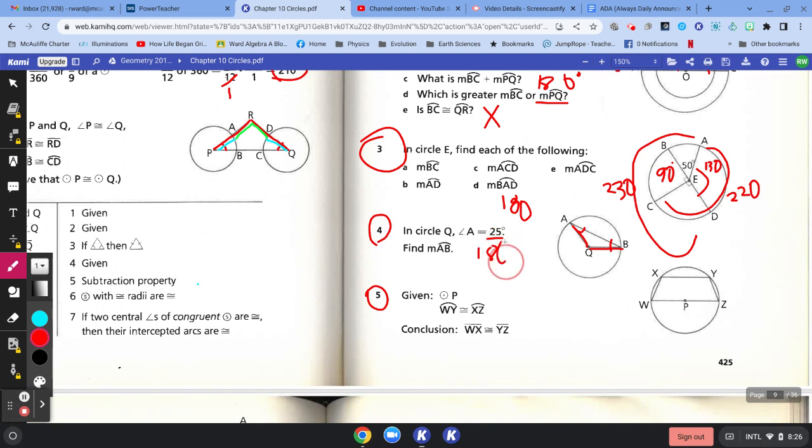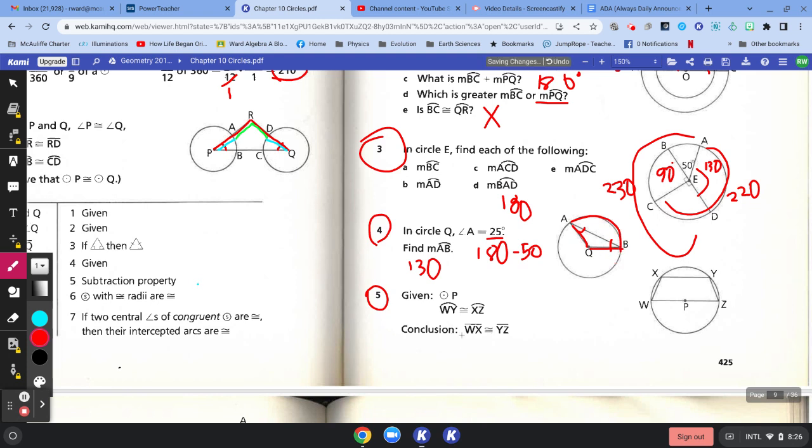Okay, 180 minus 50 is going to be 130. So the measure of that arc is 130, because the measure of the central angle is 130. So that is 130 degrees.